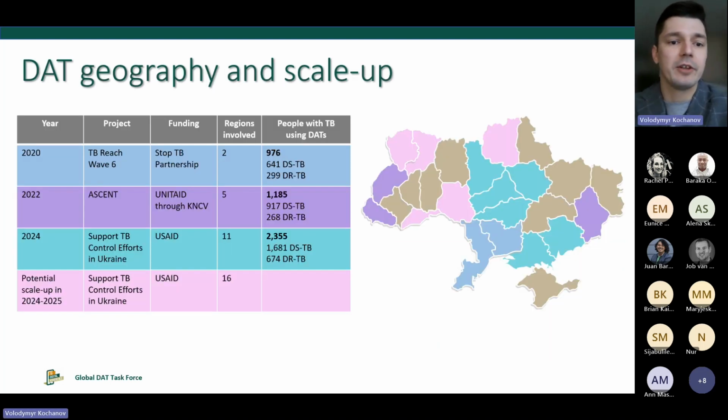We have already scaled up the use of smart pill boxes and SureAdhere to 11 regions of Ukraine, and we have plans for potential scale up to 16 regions by the anticipated end of the project. Here on this colorful table, you can see also the number of people with TB who had the opportunity to use digital adherence technologies.